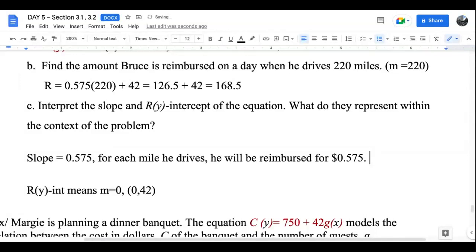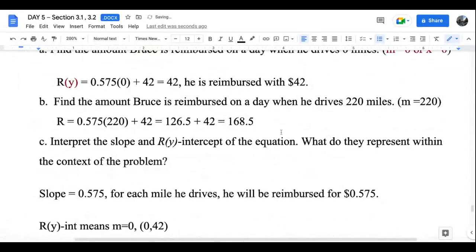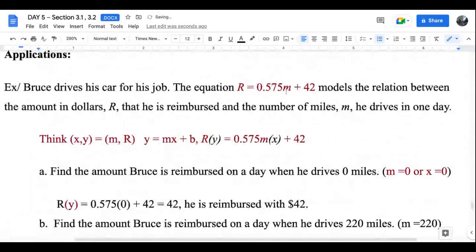Okay, that's the meaning of it. So for each mile he drives, he will be reimbursed 0.575 dollars, because M represents how many miles he drives in one day.